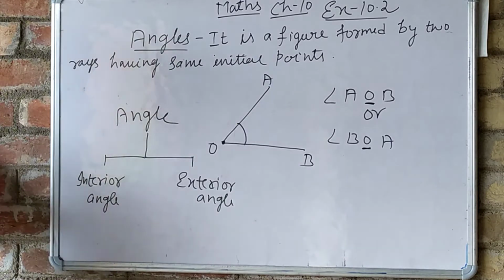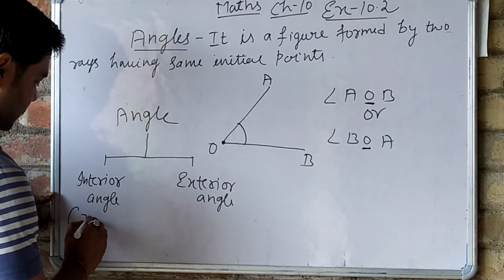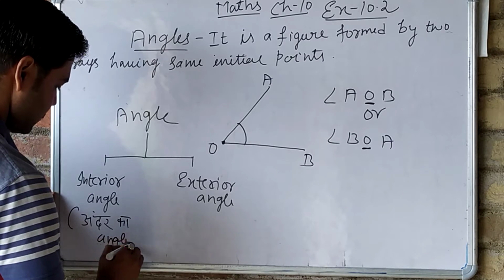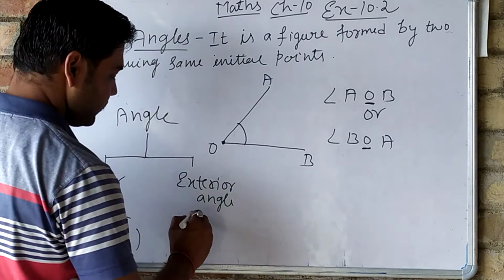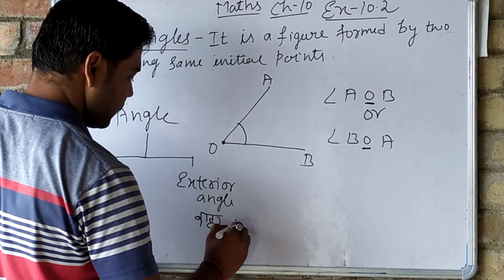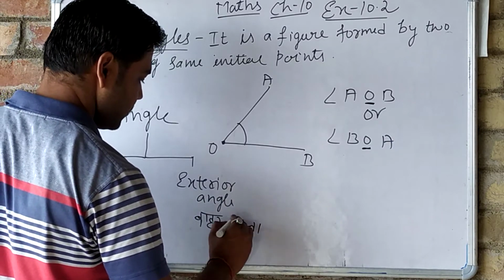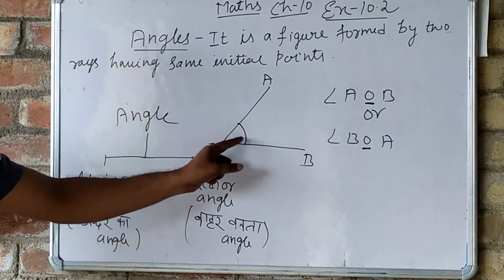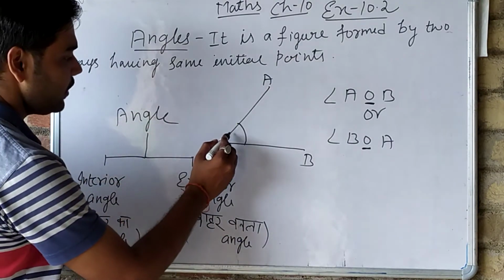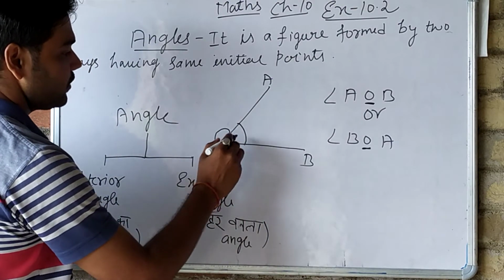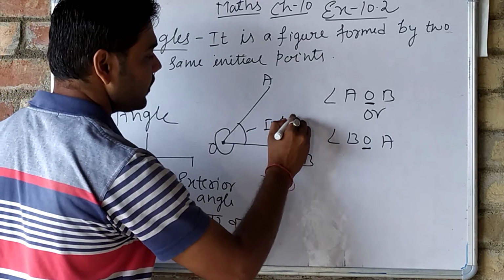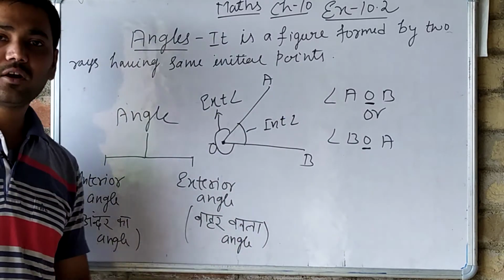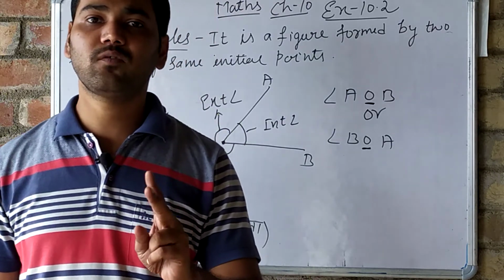So interior angle means the inside angle, and exterior angle means the outside angle. Interior means the inner angle like this. Exterior means the outer angle like this. This is the exterior angle, this is the interior angle. So there are two types of angle: first one is interior angle, second one is exterior angle.